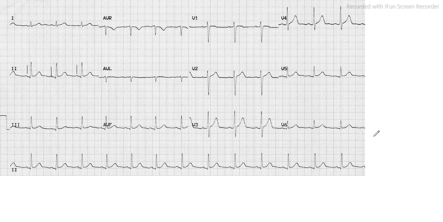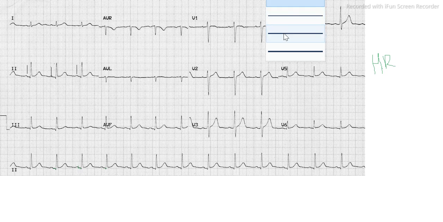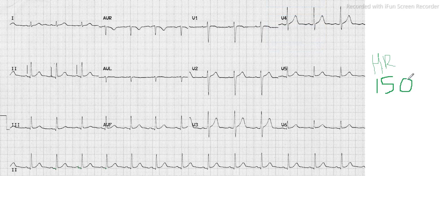To calculate the heart rate there are different formulas. Among them, one is to divide 1500 by the number of small square boxes between two peak waves.